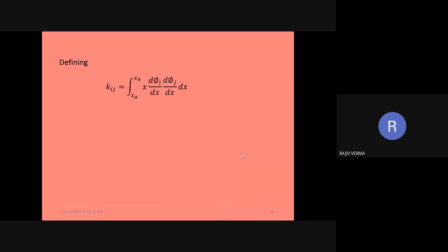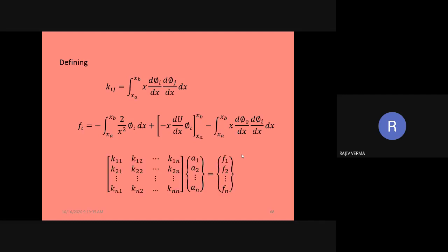K ij is given by this expression on the display; you simply substitute an appropriate value of i and j, and you get the corresponding stiffness value in the stiffness matrix. And similarly, Fi is also the equation on display, and these are the terms in symbolical forms.